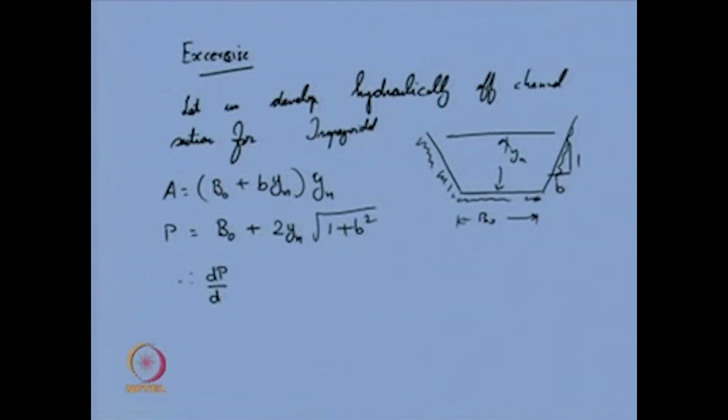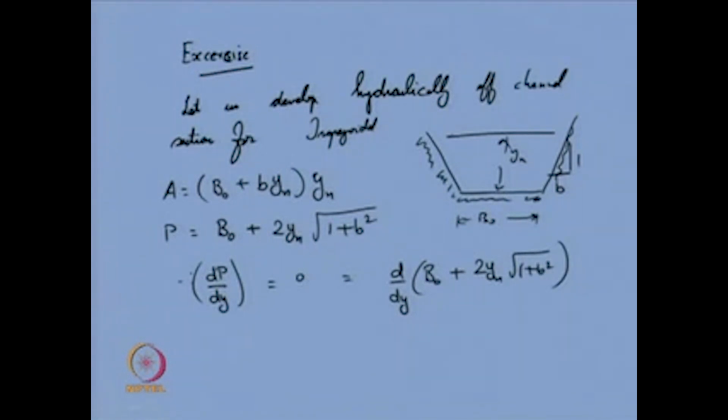To obtain the hydraulically efficient cross section, your dP by dy should be equal to 0. That means, d by dy of B0 plus 2 y_n root of 1 plus B square.